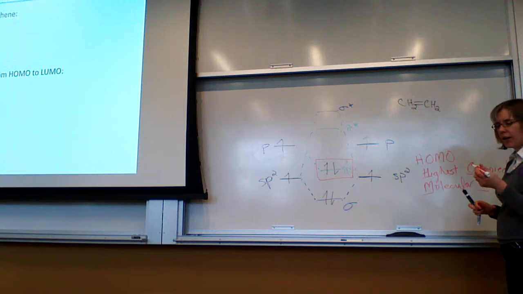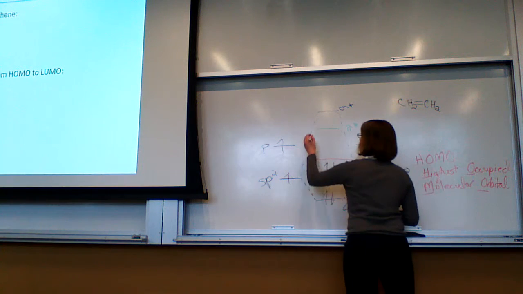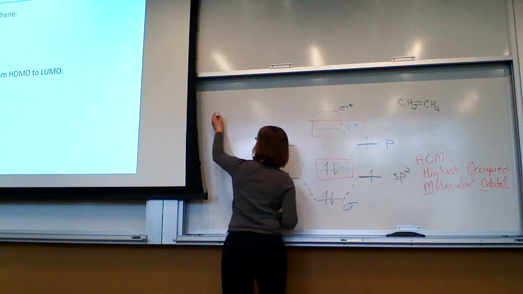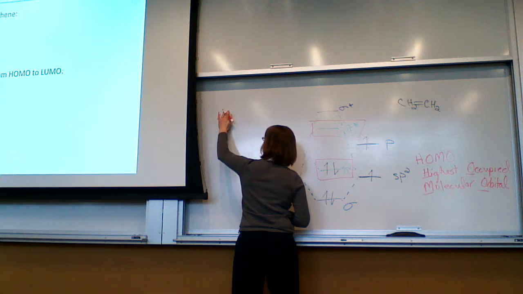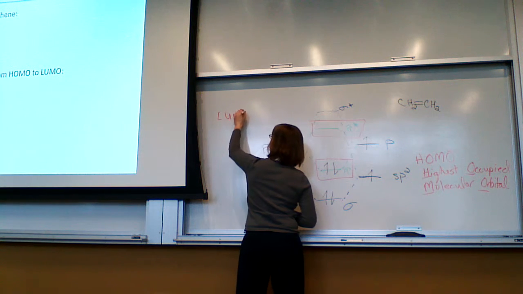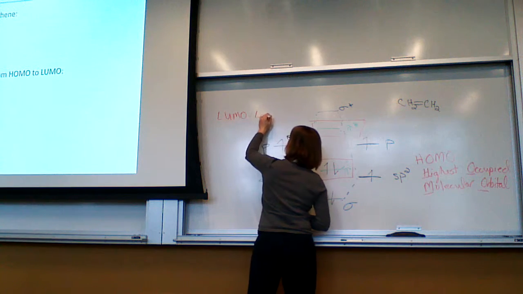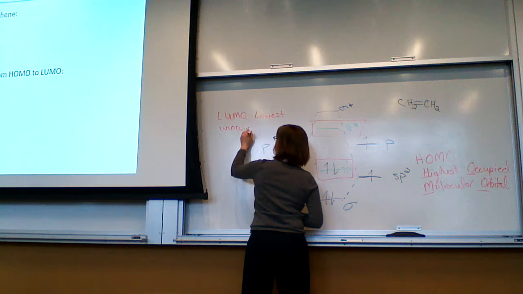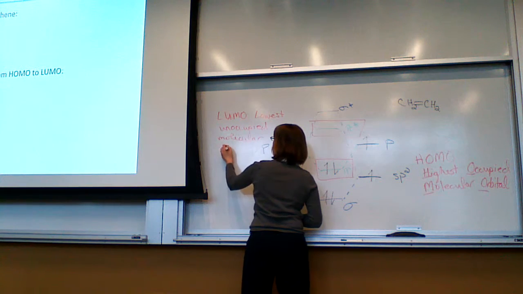The next highest orbital is called the LUMO, which is your lowest unoccupied molecular orbital.